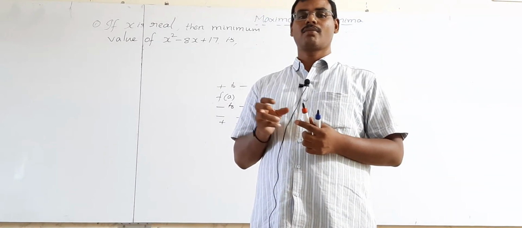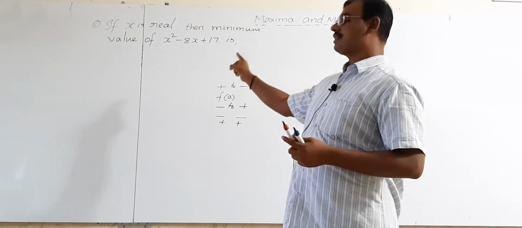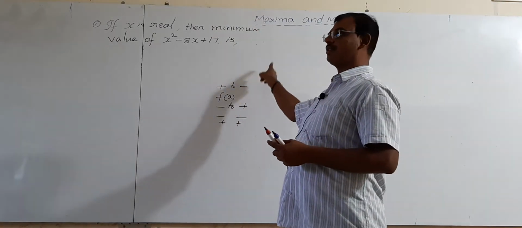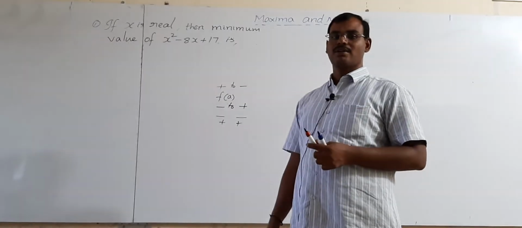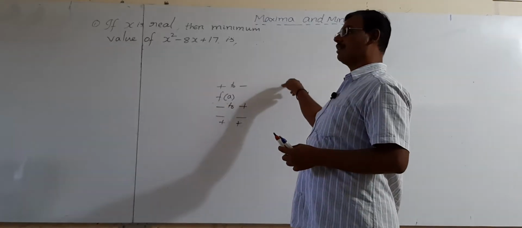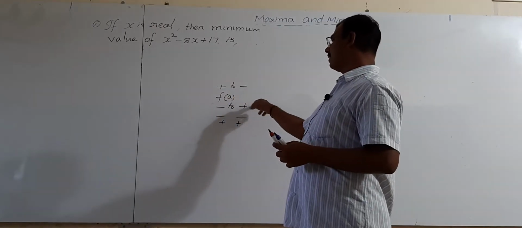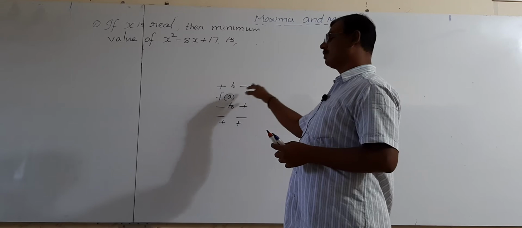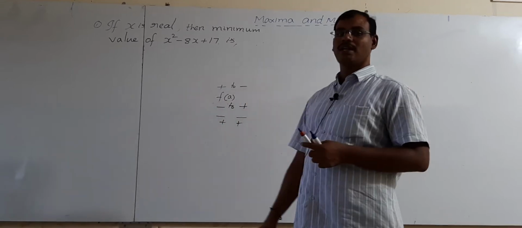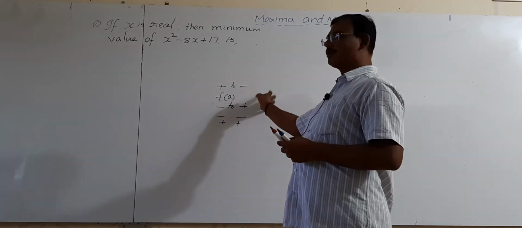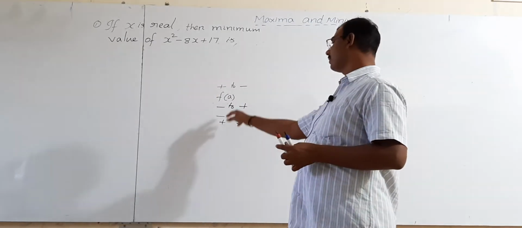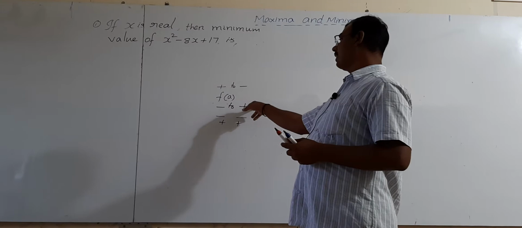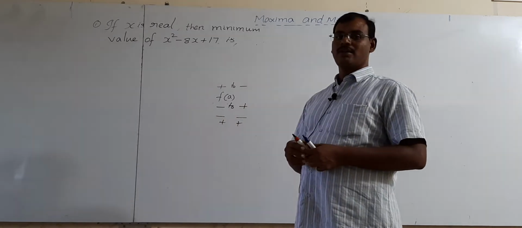So, remember that, let f of x be a differentiable function at x equal to a. If the sign of f dash of x changes from positive to negative, then f has a maximum at x equal to a, and f of a is called the maximum value. If the sign of f dash of x changes from negative to positive in the neighborhood of a, then f has a minimum at x equal to a.